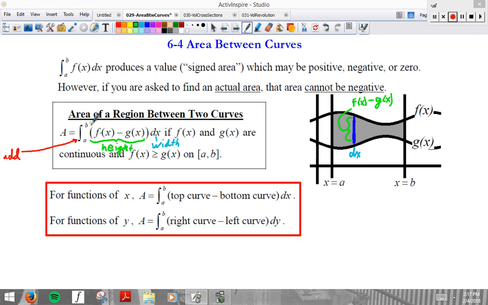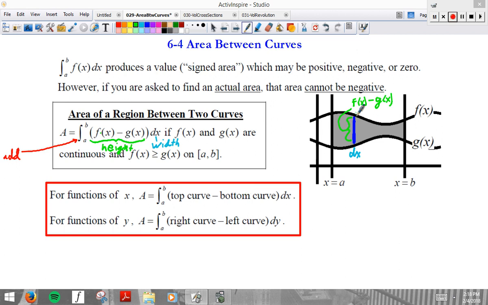Once more, we're doing f of x minus g of x because, as you can see visually, f of x is greater than or equal to g of x. It's much easier to remember to just use the top curve minus the bottom curve.